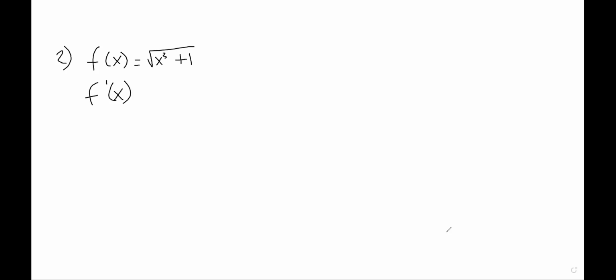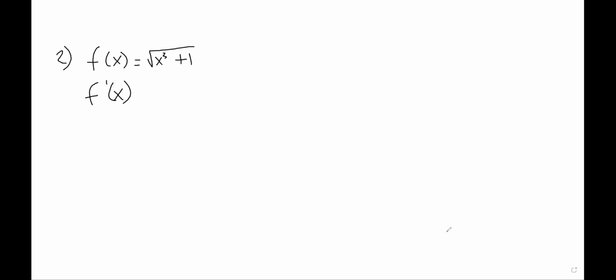Whenever you're given a square root function and you need to find the differentiation of that square root function, the first thing I would definitely advise you to do is to convert that square root into numbers. Square root can also be written as a half power. If a function is square rooted, it can just be written as the function raised to the power of a half.